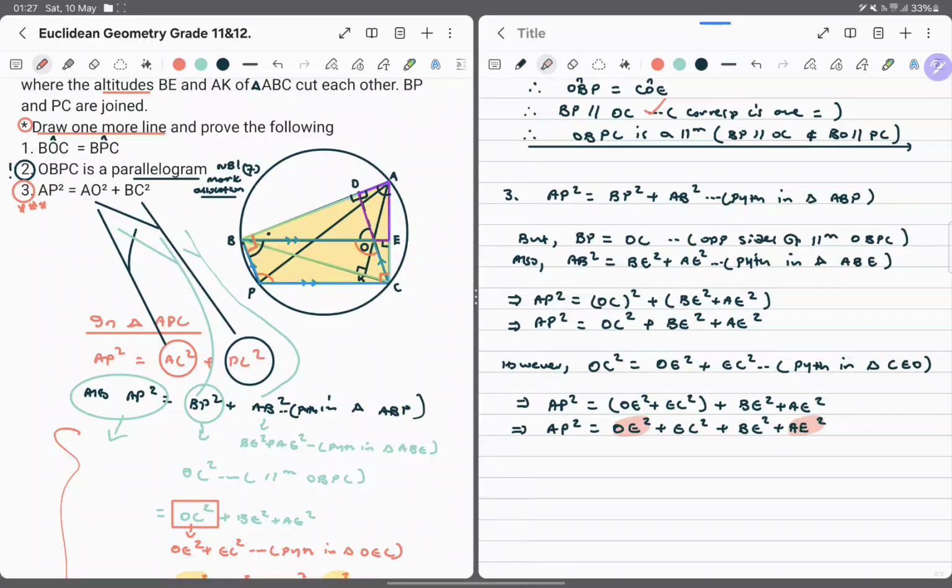So this is a bit cumbersome otherwise. We just want to showcase our grouping. So we will say this implies that AP squared is equal to, now we will take OE squared plus AE squared and group them together. Say plus. Now EC squared plus BE squared. We group them together.